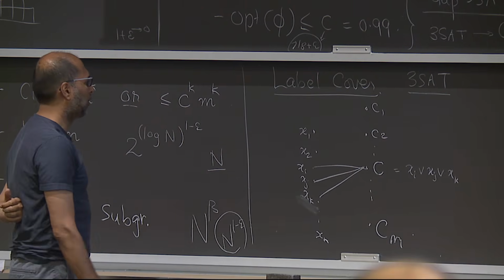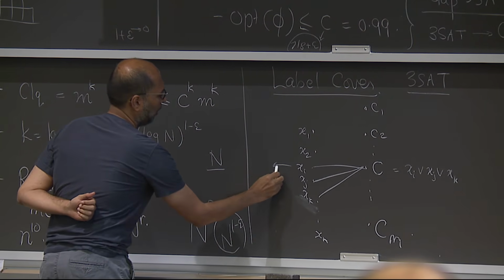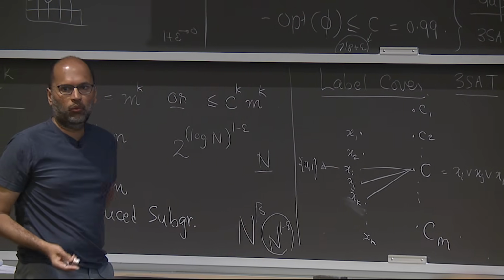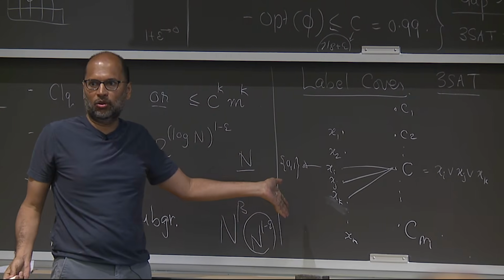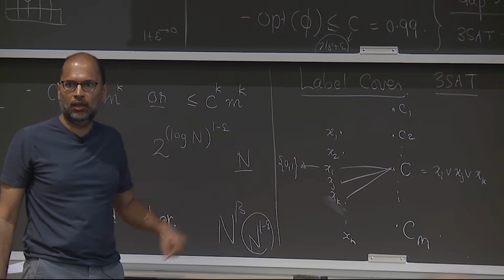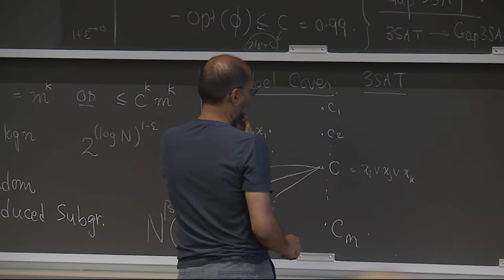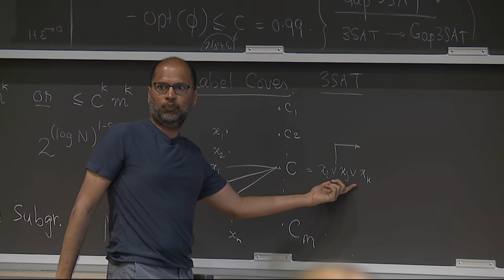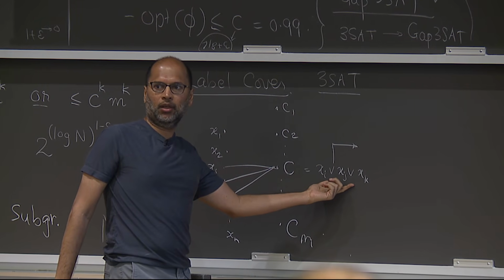Now it's a labeling problem. So each variable is supposed to be labeled either 0 or 1, which then simply amounts to an assignment to the variables of the formula, right? And each clause is supposed to be labeled by one of the 7 assignments which satisfy the clause, right?